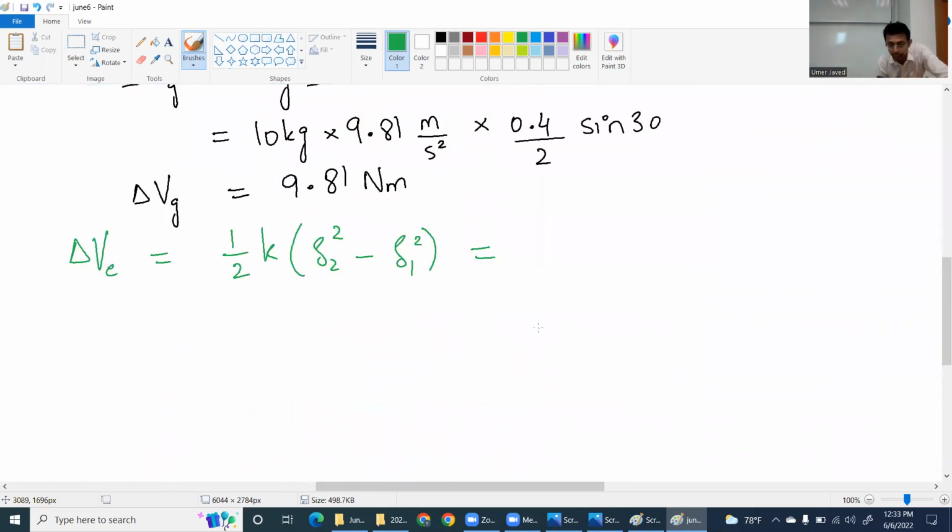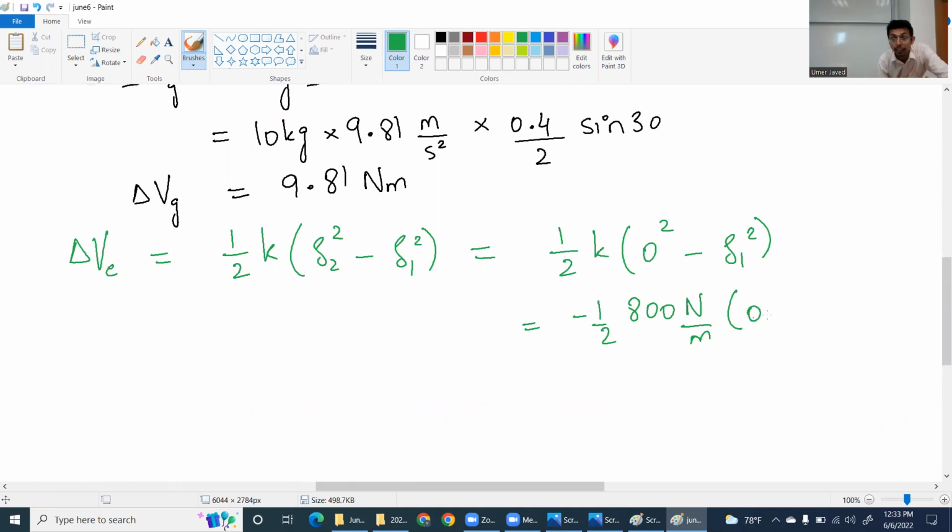That means delta 2 will be 0. So I have half K times 0 square minus delta 1 square, which is equal to minus half K, where K is 800 given to me, multiplied by delta 1 which is 0.2 square.